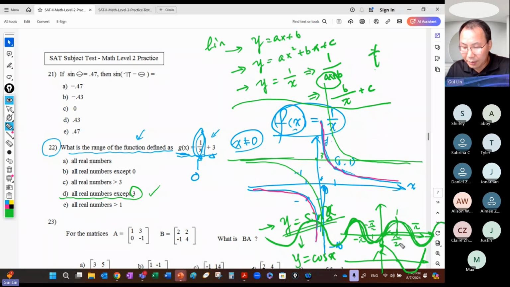So there is a little bit of delay; the whole curve moves left by half pi, right? You get the same pattern as well. So this is cosine.